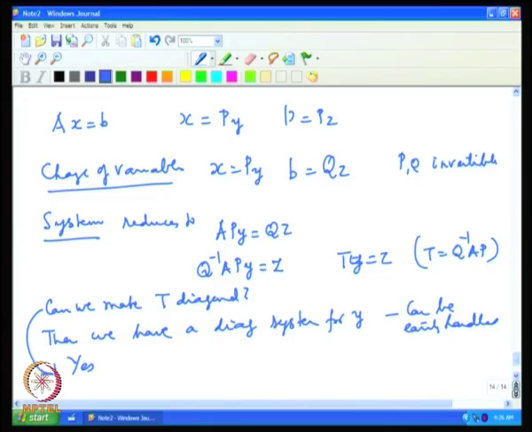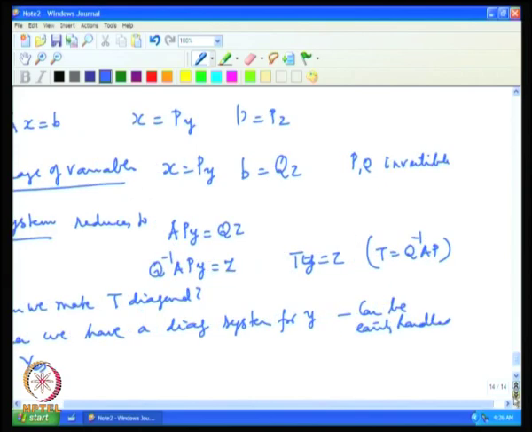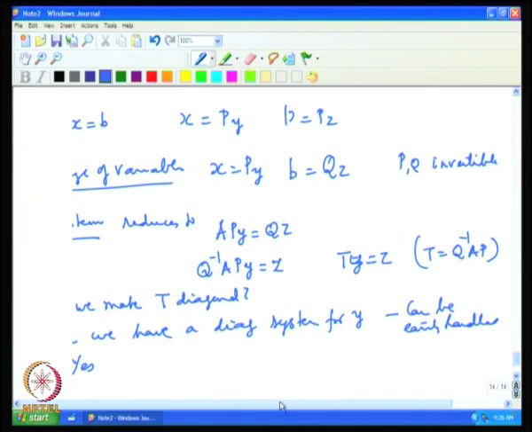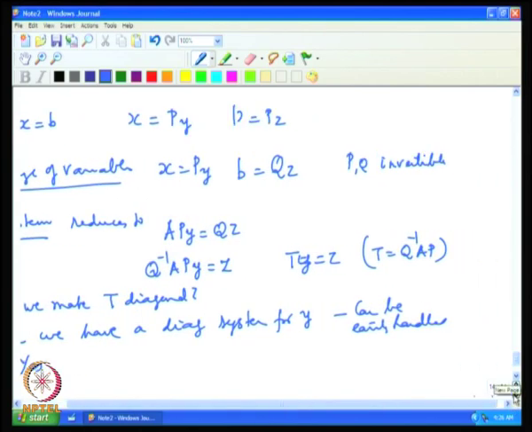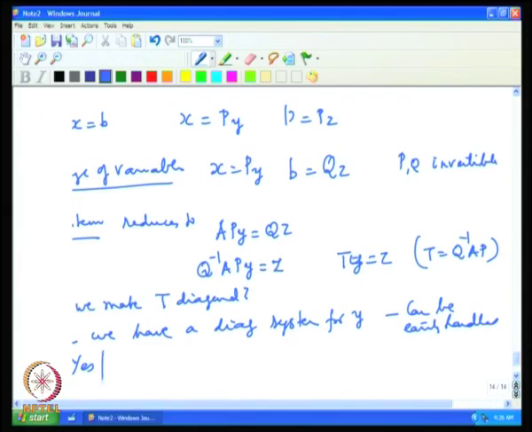And therefore, this gives us a better handle on the system by using two different coordinates, one to transform the unknown x, the other one to transform the known b.